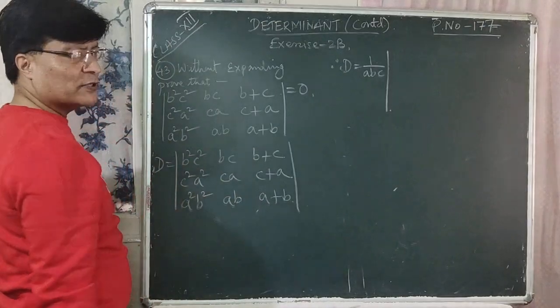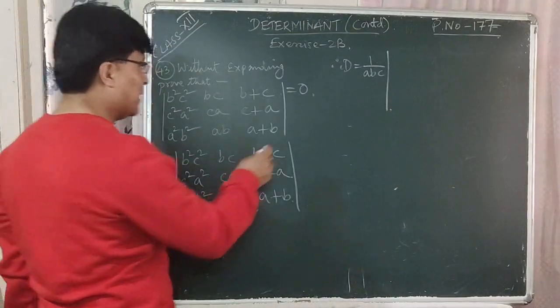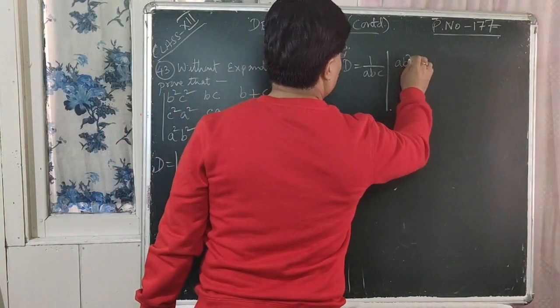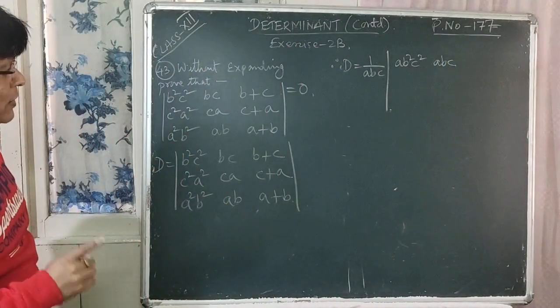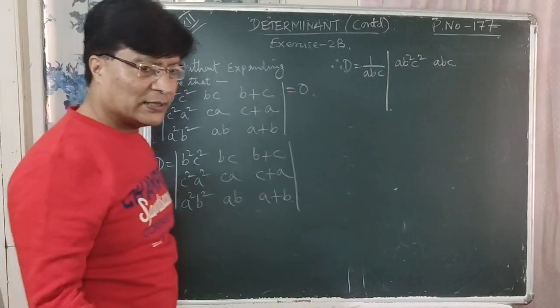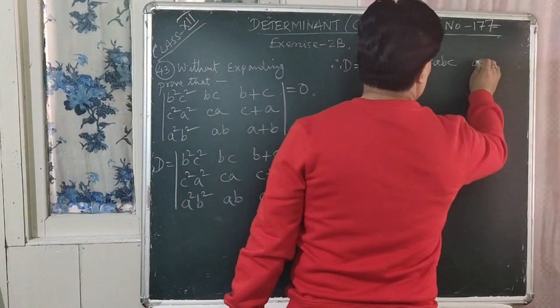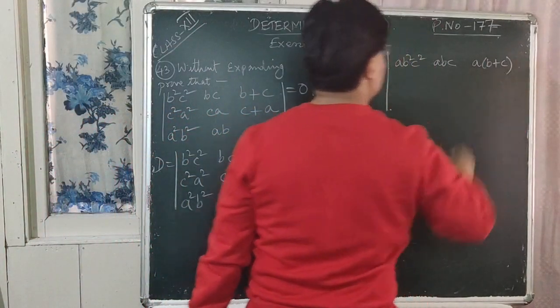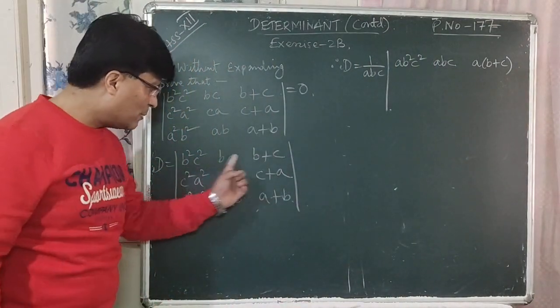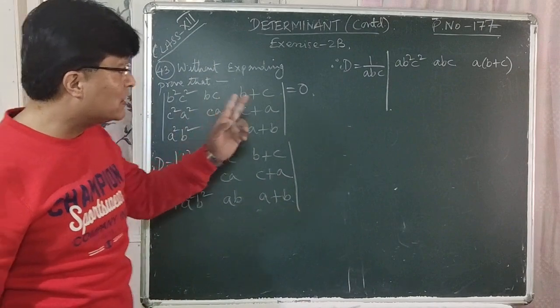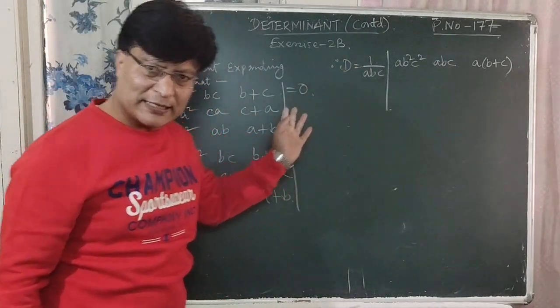Now what will be the first row? Multiply all the elements by A: A b square, c square, ABC, then A into B plus C. A into what? B plus C. Is it clear to all of you? Next one, again multiply by B. We have already written 1 upon B outside the determinant.